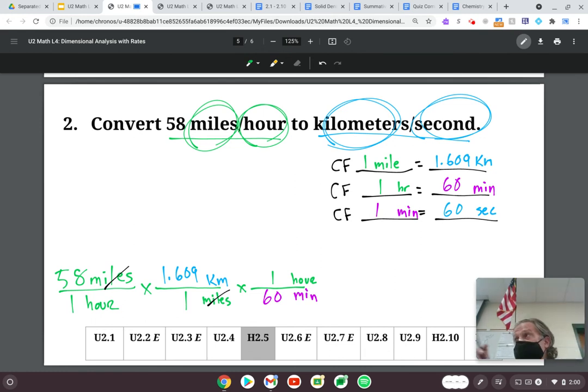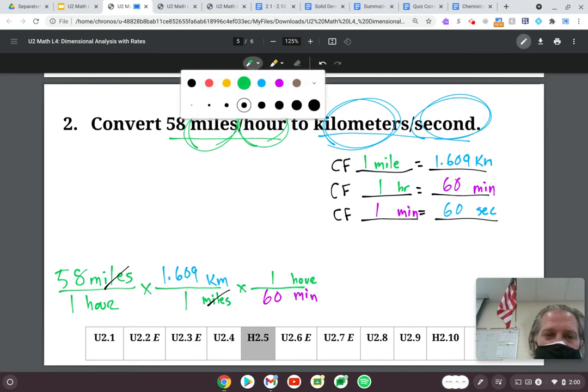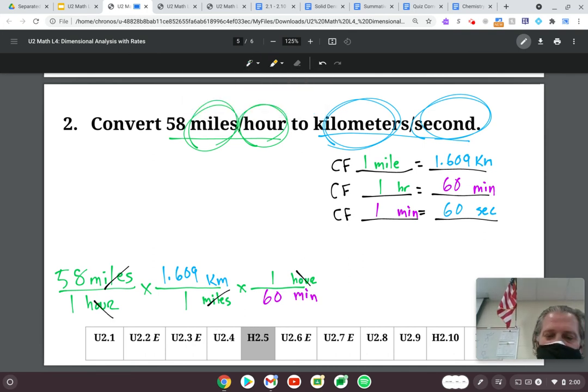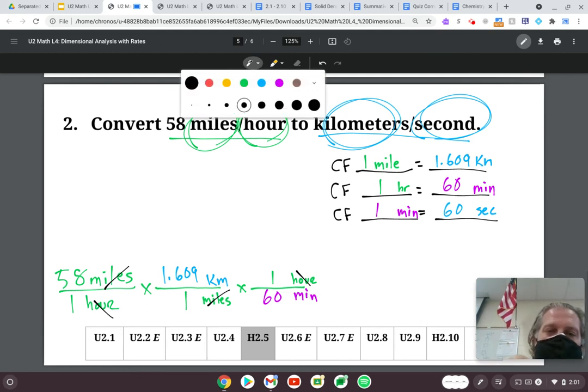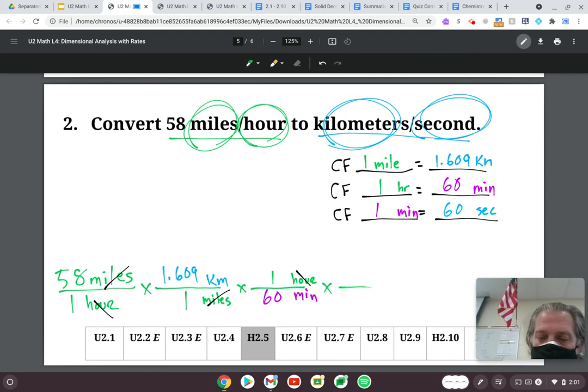The answer is, in this problem, we are looking for kilometers to be on the top when we're done. That's why I didn't cancel out kilometers. Checking what I can cancel out at this point, I can cancel out hours, and my unit would be kilometers over minutes. Although that is an appropriate unit, that's not the one we're looking for. So we're going to continue.